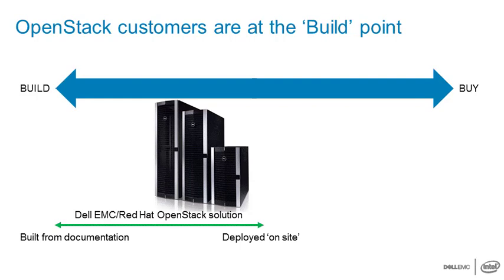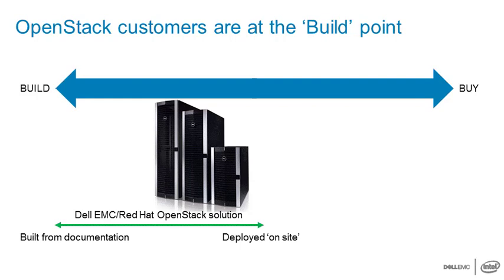Another option that's supported inside of the Ready bundle is that a customer that wants to engage with both Dell EMC and Red Hat can do that and have the hardware delivered to site. And then Dell and Red Hat will come along and build the OpenStack deployment for them and within approximately 4 to 5 days leave that customer with a fully operational OpenStack cloud.